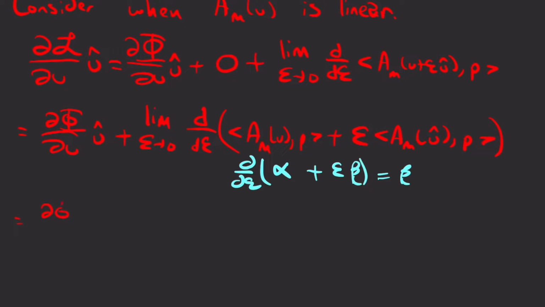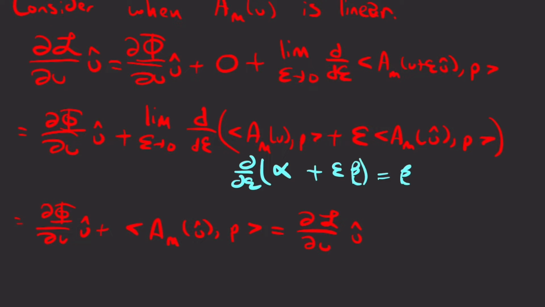And the next step is where we introduce the adjoint. So this is A sub m of u hat acting in the p direction, and this is partial Lagrangian with respect to u, u hat.